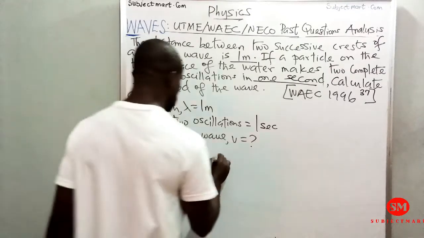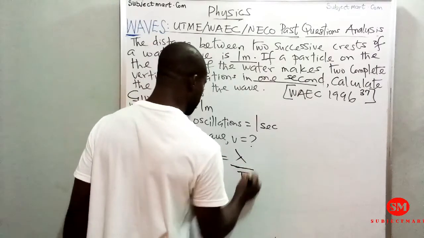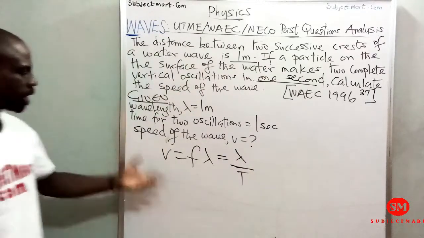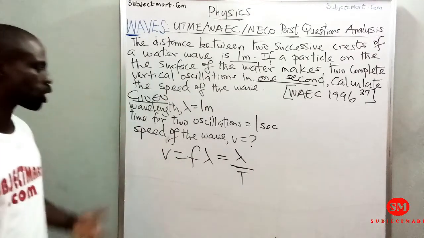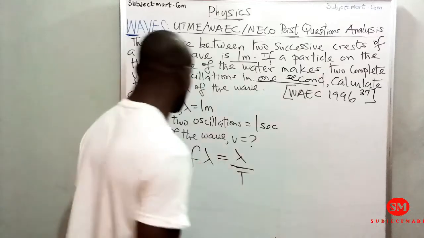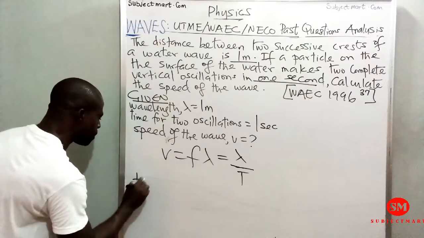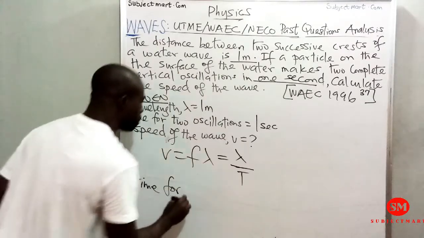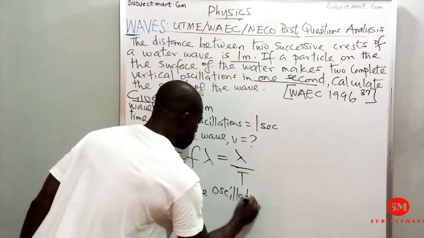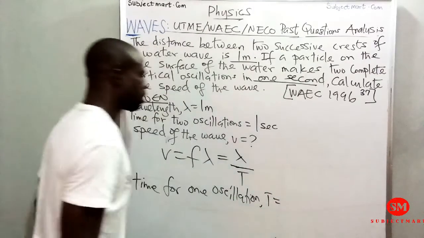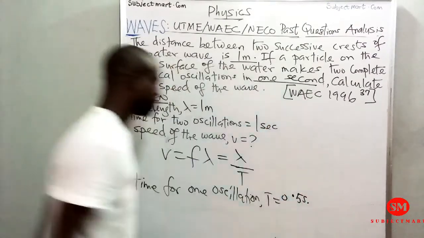Don't forget our wave equation, v equals f lambda. This can also be written as lambda over period, that is wavelength over period. What is period? That is the time for one oscillation. So if two oscillations take 1 second, the time for one oscillation, the period, is going to be 0.5 seconds.